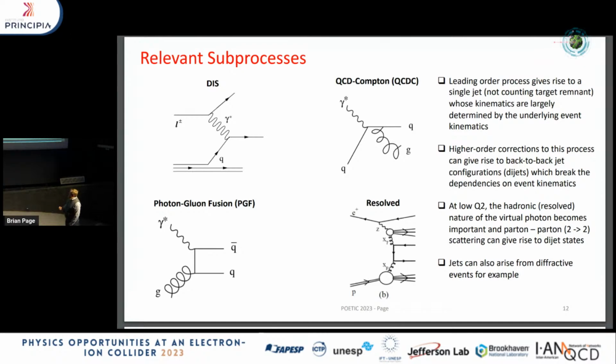This is the dominant process, far and away the largest cross section. And so a lot of the measurements that we'll look at, jets arise from this process.